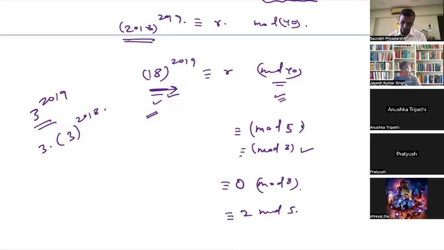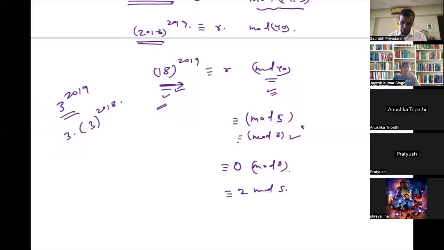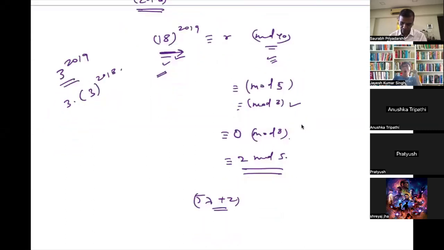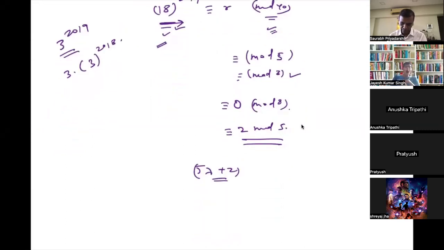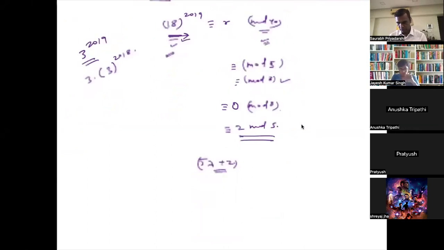2 mod 5 means all the numbers are in the form of 5 lambda plus 2. What numbers can I have? 5 lambda plus 2: this number could be 2, 7, 12, 17.